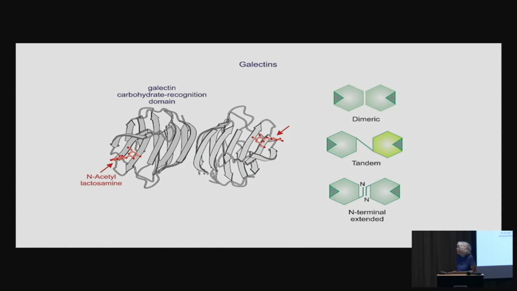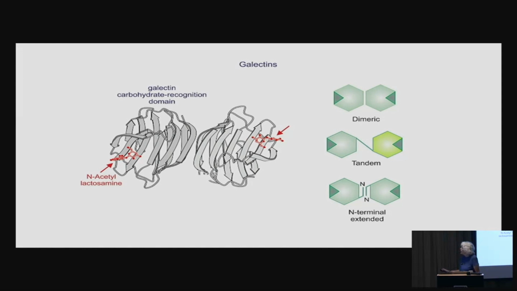This is what the galectin carbohydrate recognition domain looks like, which has a beta sandwich structure. All of these bind beta-galactosides, and they either associate as dimers, so the single galectin CRD associates with an identical one to form this dimeric structure with the binding sites at opposite ends.